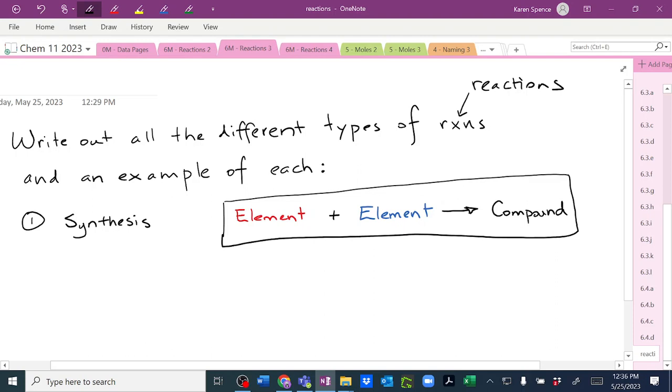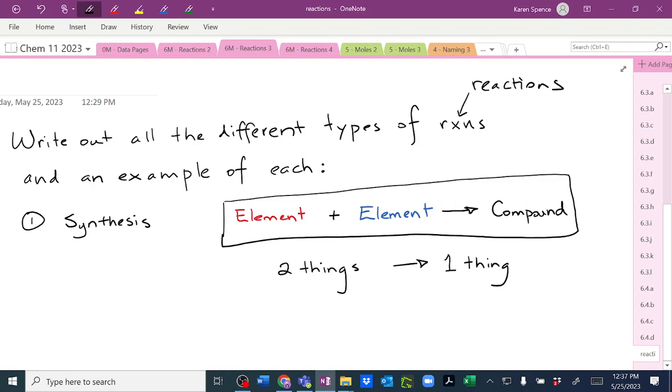But if I give you a reaction and I just want you to recognize it as synthesis, it could be a compound and an element, or a compound and a compound, and they react to form one thing. You would still need to recognize that as synthesis, although you would not be expected to predict the products.